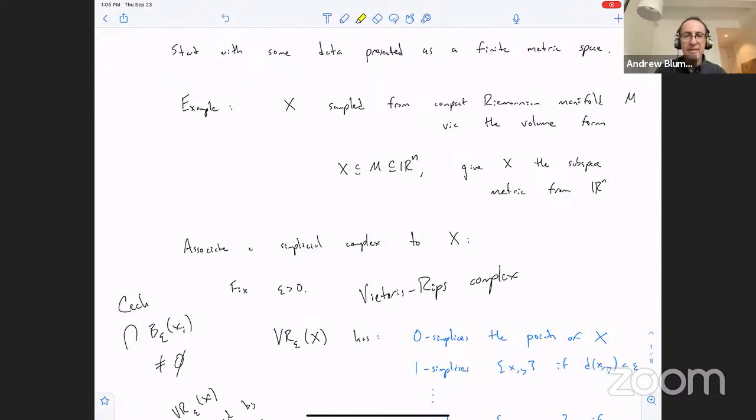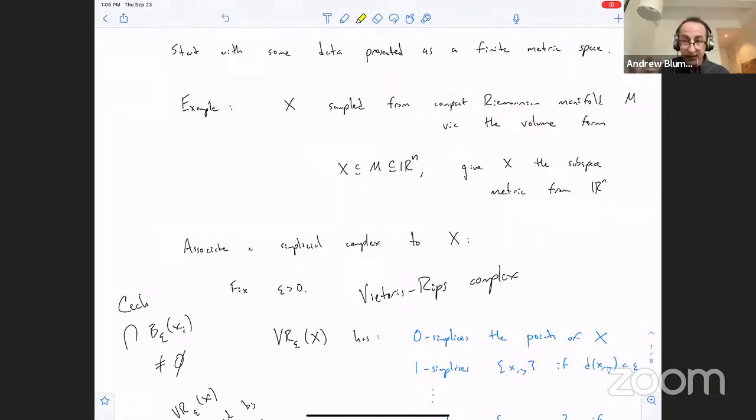So you uniformly sampled from a compact Riemannian manifold, and then you gave those points the subspace metric, considered as things embedded in R^n. So the question now is, we have a manifold, we sampled finitely many points from it, can we assign to that a simplicial complex that recovers something about the homotopy type of the underlying manifold?